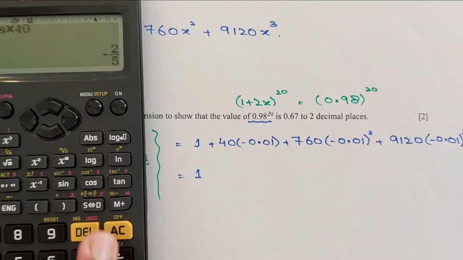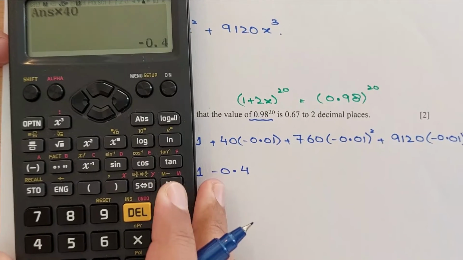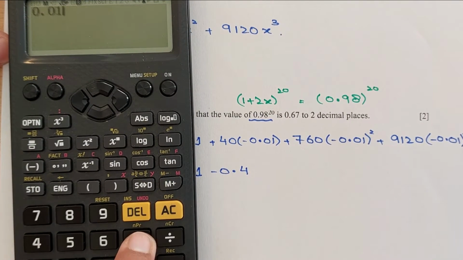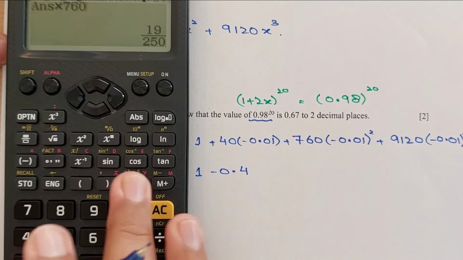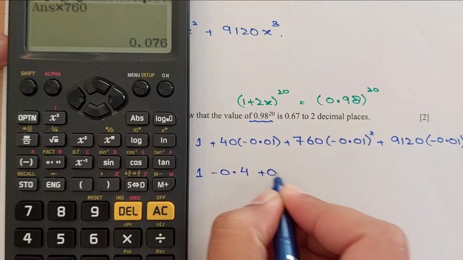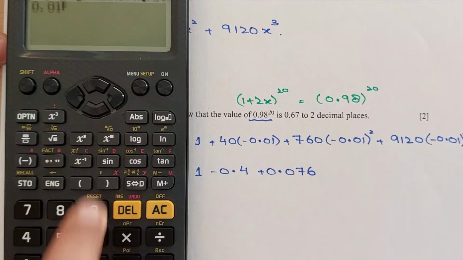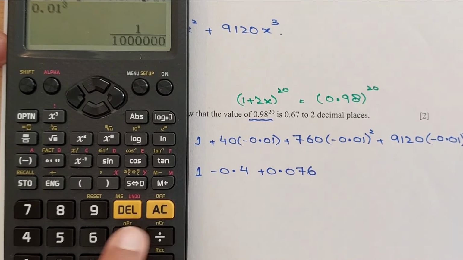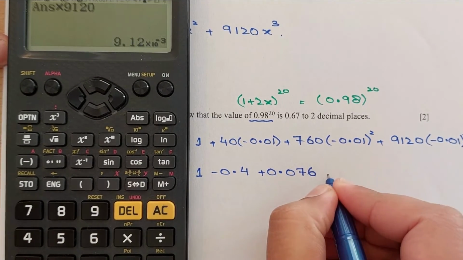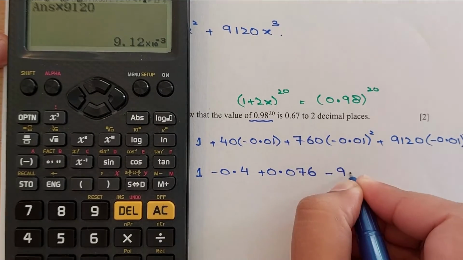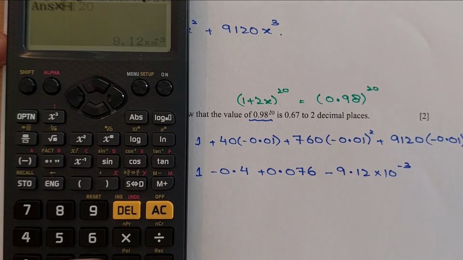So this is 1, and 40 times negative 0.01 is negative 0.4. Negative 0.01 squared times 760 gives plus 0.076. Negative 0.01 cubed times 9120 gives negative 9.12 times 10 to the negative 3 times minus 1.